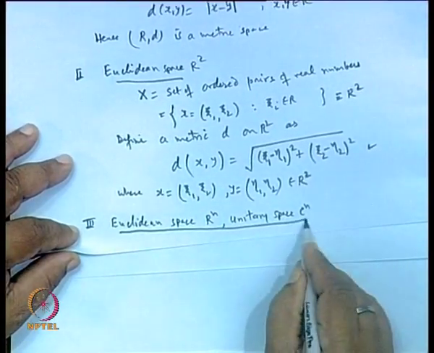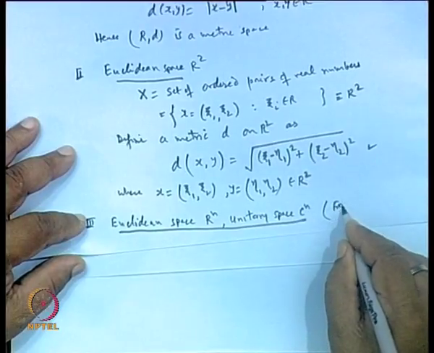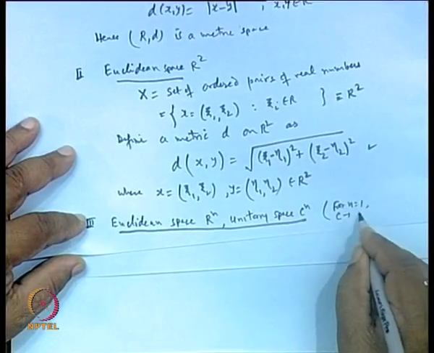For n equal to 1, C is the complex plane.